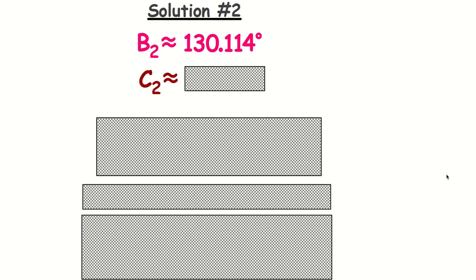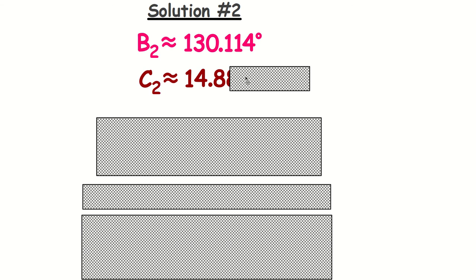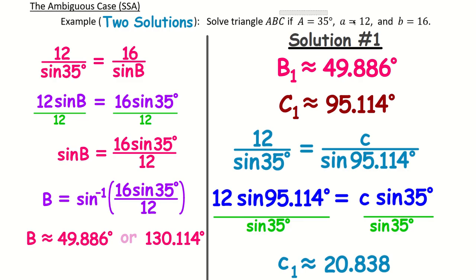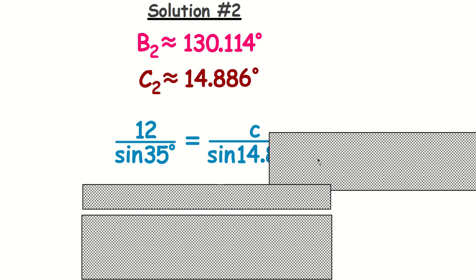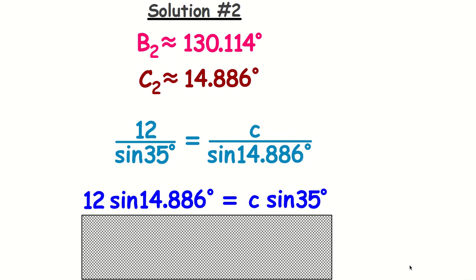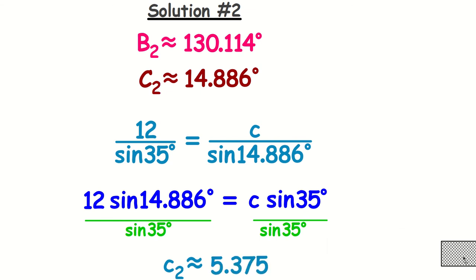It's like the Marvel multiverse, different universes where we had a different angle B. So if this was our angle B instead, that would lead to this being our angle C. Remember, you're still using these original measurements. But now this is our angle B, which leads to this angle C, which is going to lead to this as our side C. So like B2, C2, big C2, and little c2.